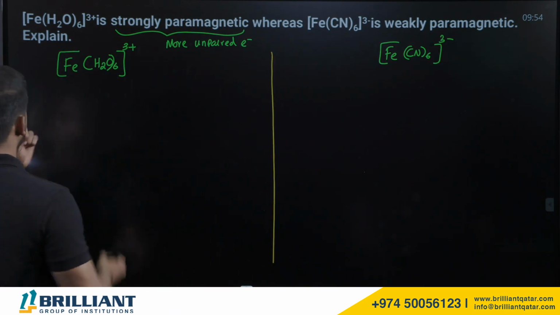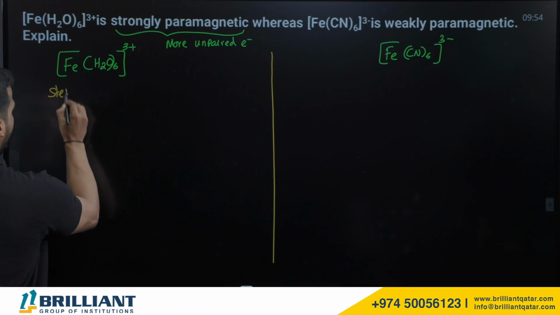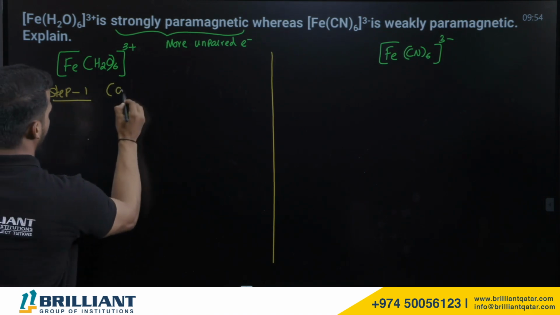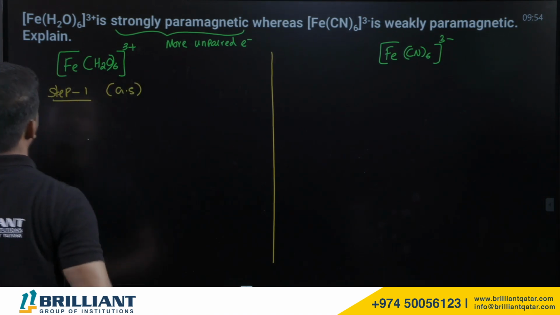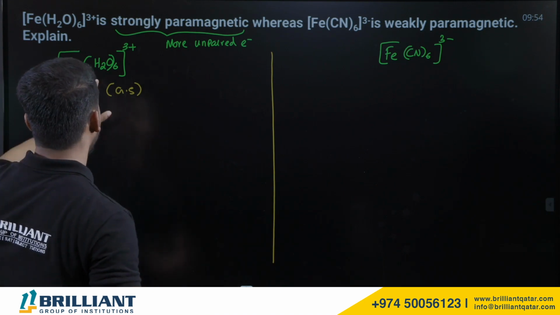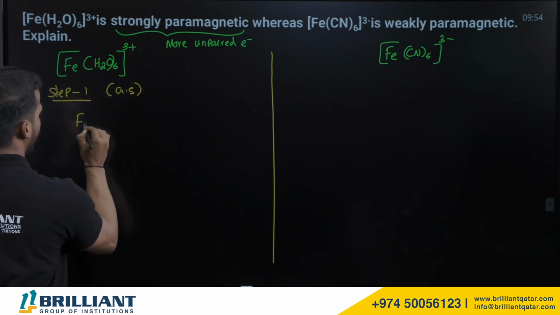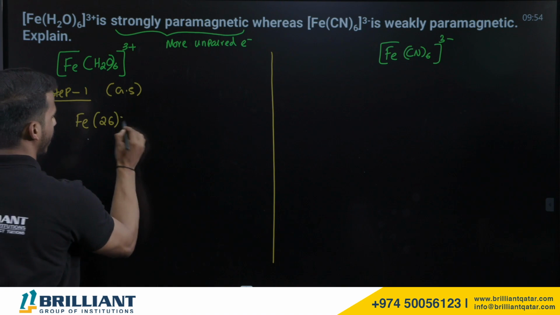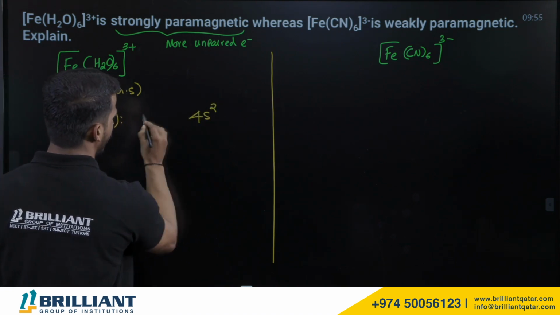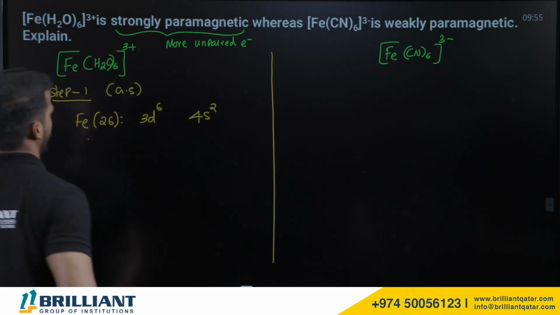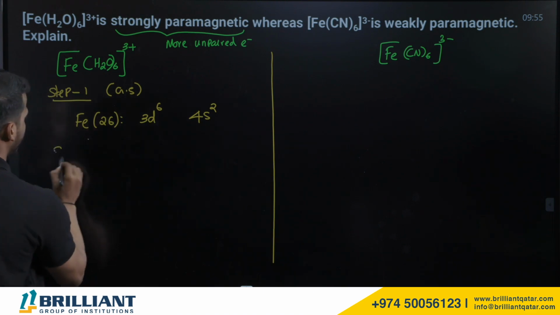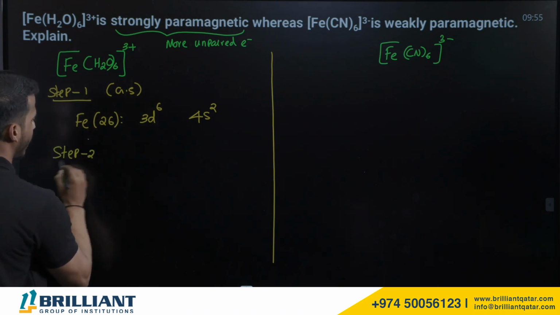Dear all, step number 1, we have to write the ground state electronic configuration of the central metal atom. Your central metal atom is iron. Iron's atomic number is 26, so we can write it as 4s2 3d6. What is the oxidation state of iron in this question?